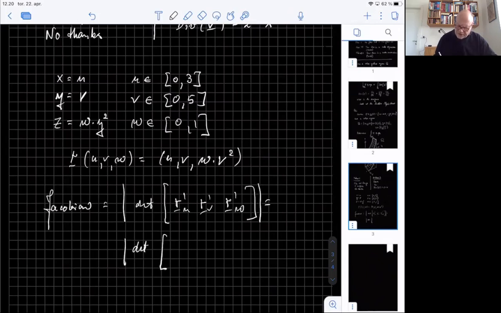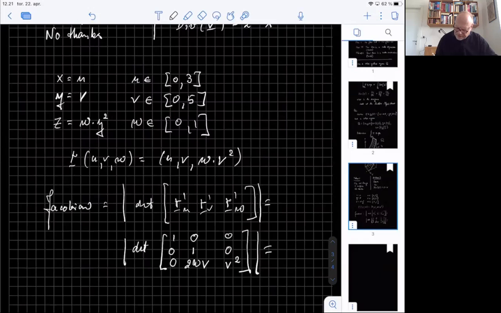When I compute this, I get 1, 0, 0, then 0, 1, 2wv, and then 0, 0, v squared.